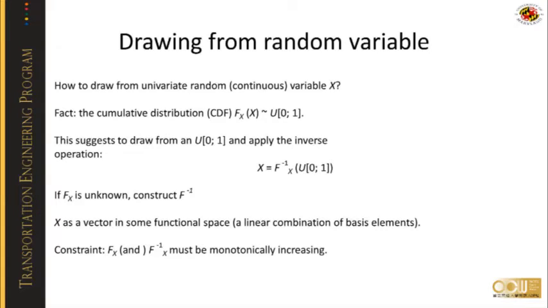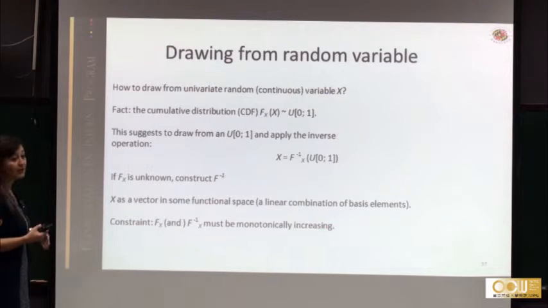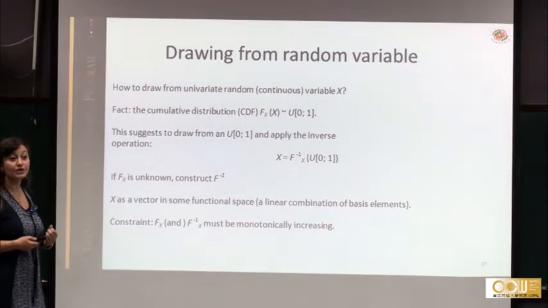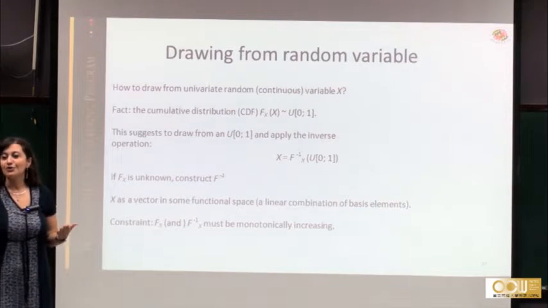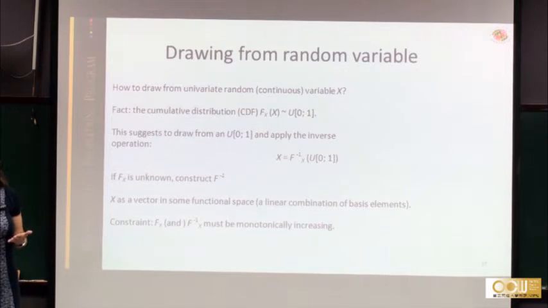And the assumption is that for now, all these random variables are not correlated. We work with univariate random variables, but the extension is possible, and in fact we are working on this because we want to apply copula and then take account of the correlation across these variables, right? Because look at time and cost.